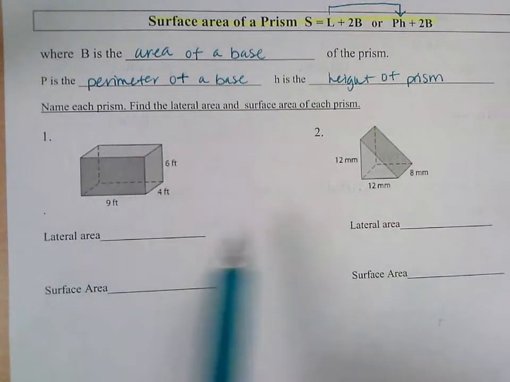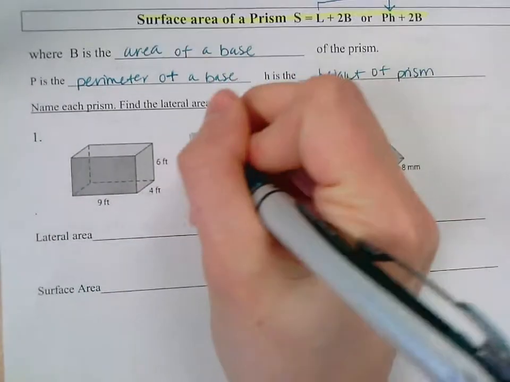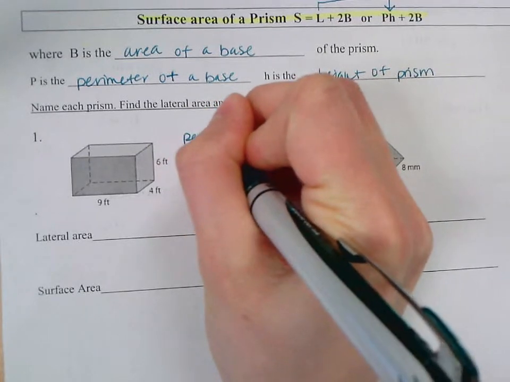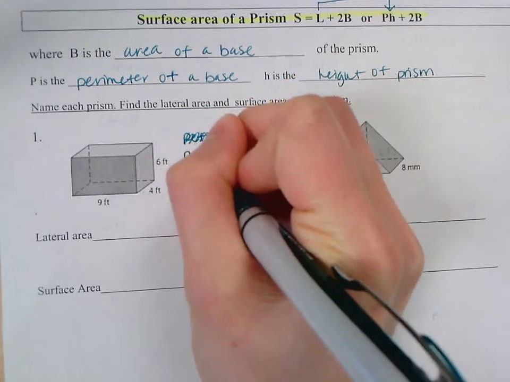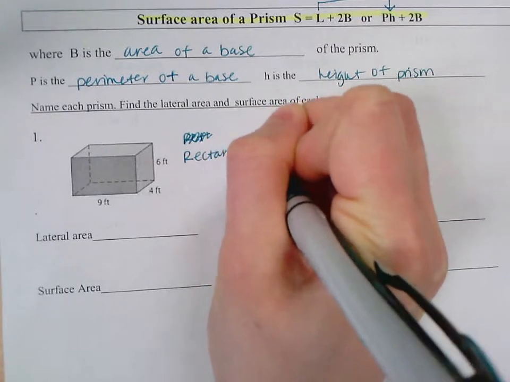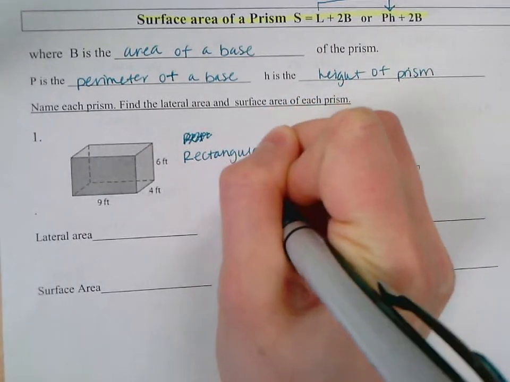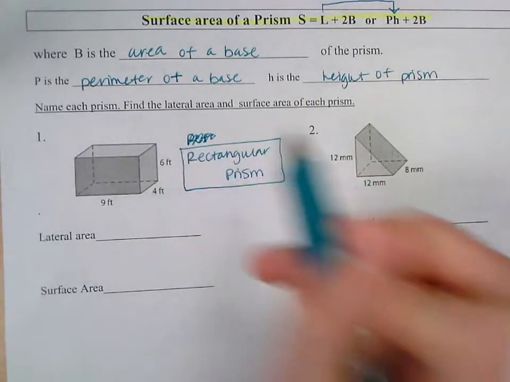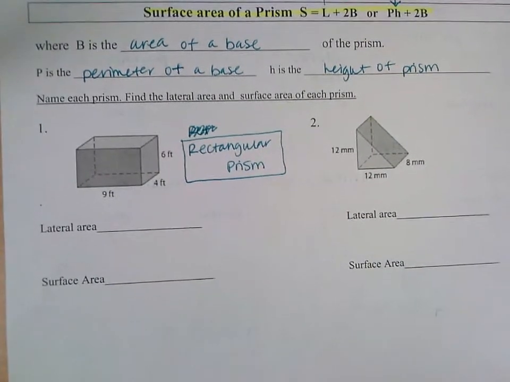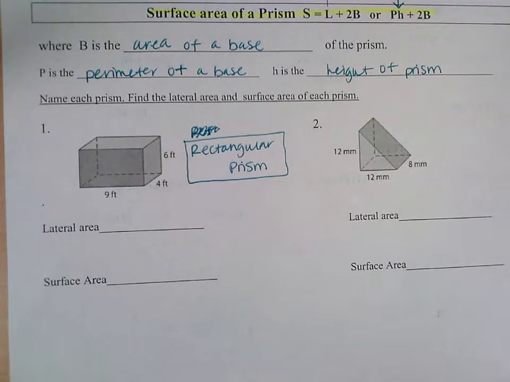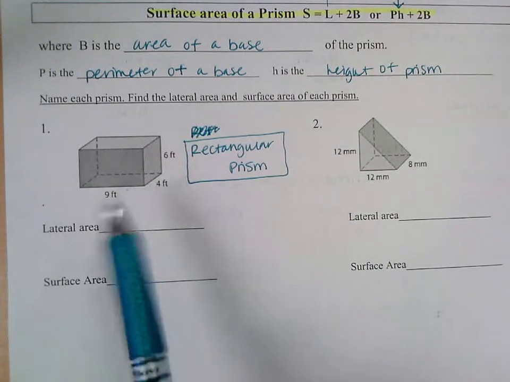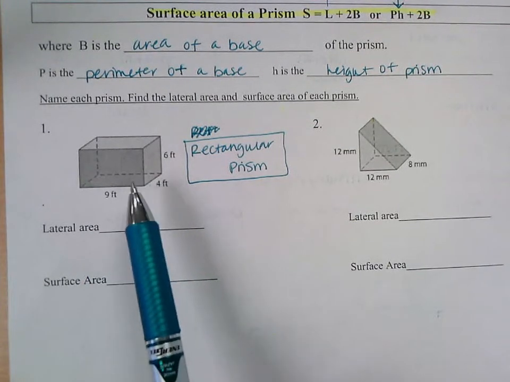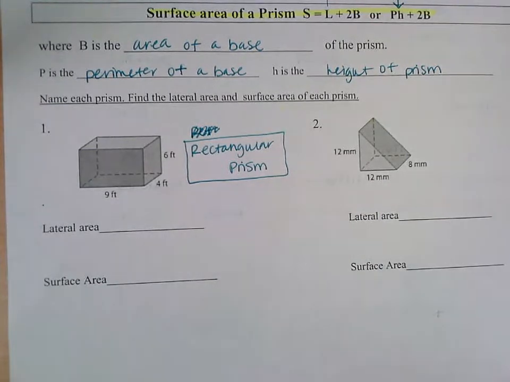So if we look at example 1, this would be a rectangular prism. And that is because the bases are rectangles. And unless otherwise stated, you are okay to assume that the prisms you have are right prisms.